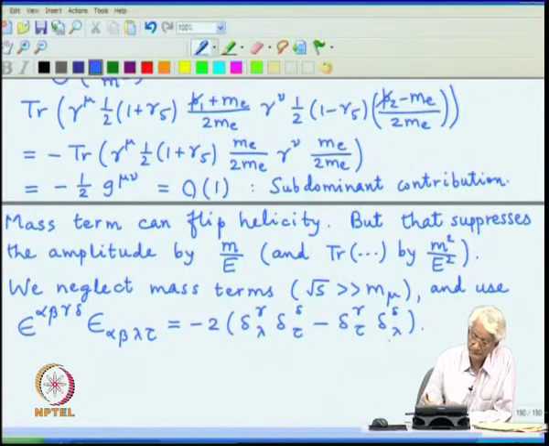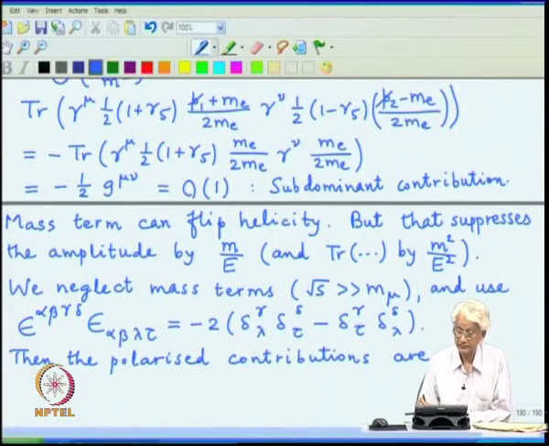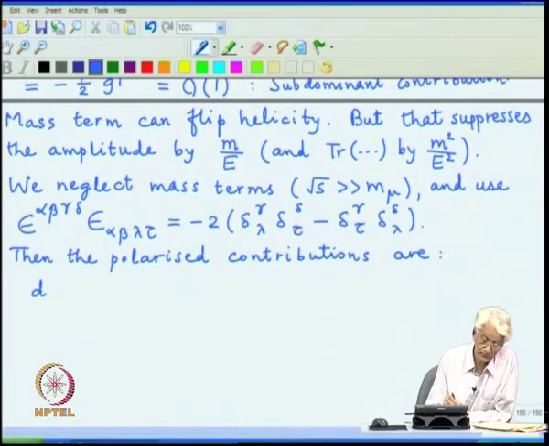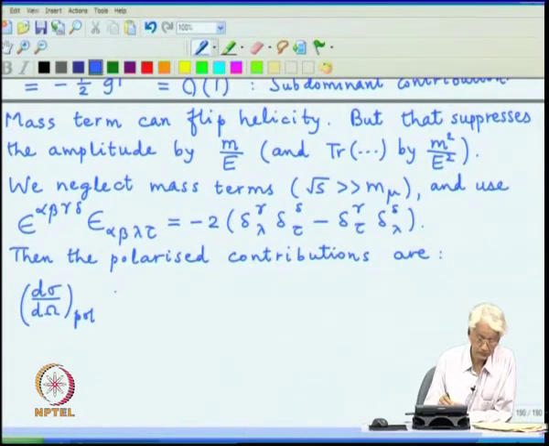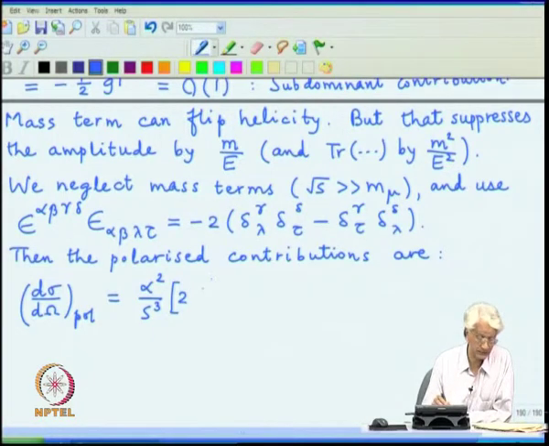That gives the polarized contributions to the cross section: first just the phase space factors explicitly, and then the contraction terms one by one.